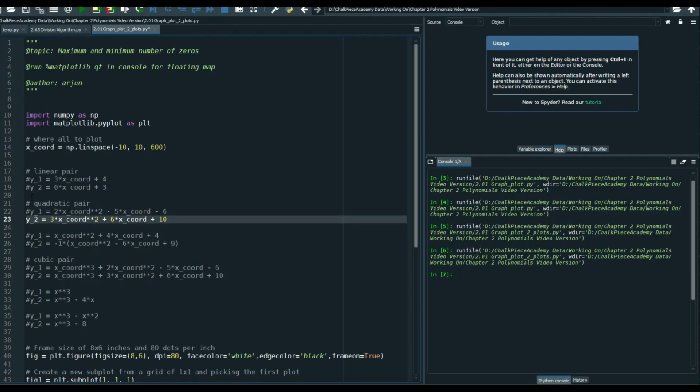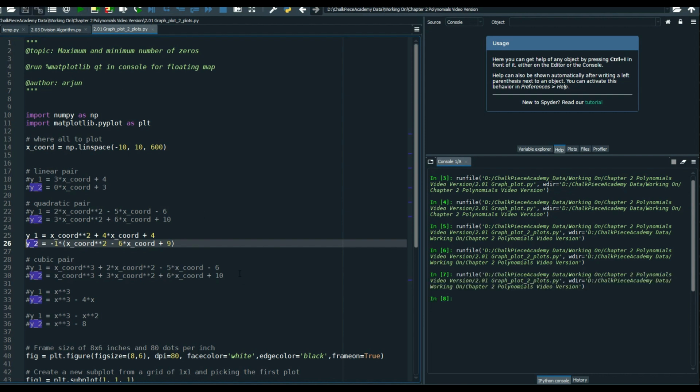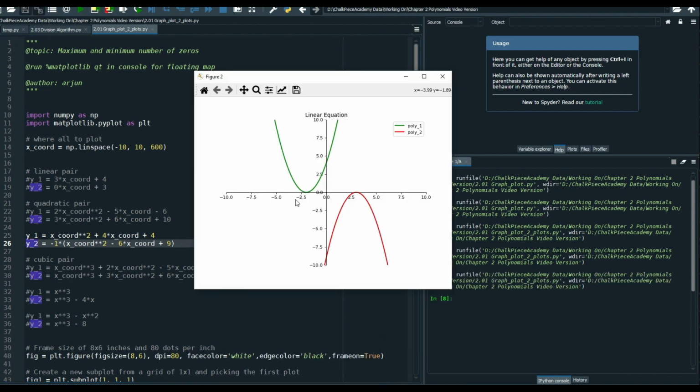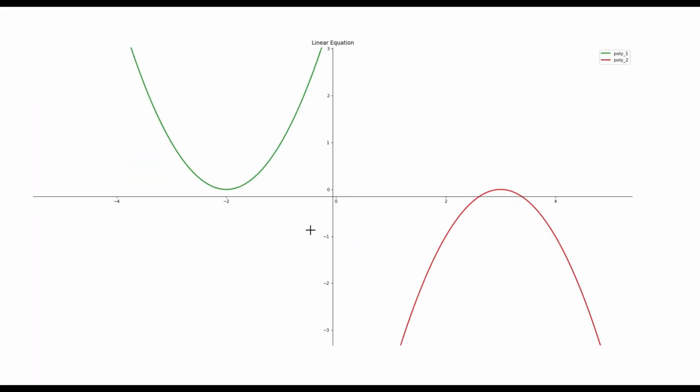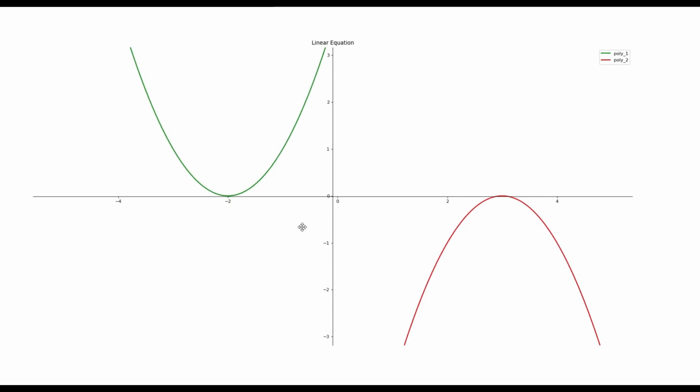Let me unblock this, and here if you see carefully, I need to rearrange this. Can you see that? It's just touching the x-axis and going.